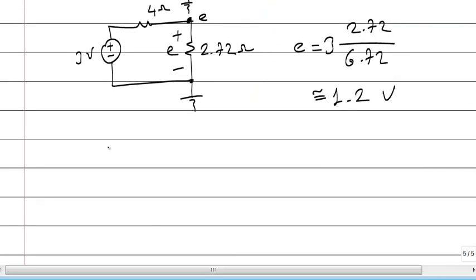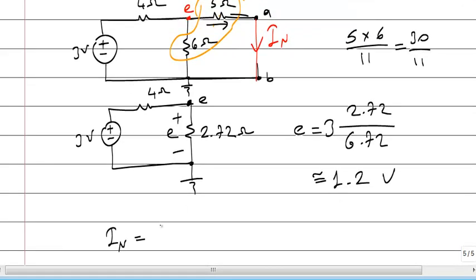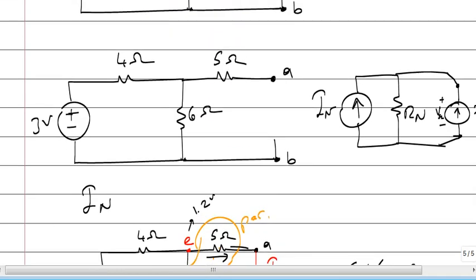So I Norton is, look at the circuit again, E minus 0 divided by 5 ohm, which is equal to 1.2 divided by 5, 0.24 amps. Okay, so as you see, it's very easy.